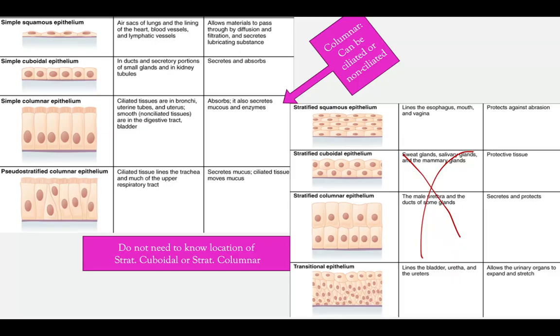When the organ is resting, it appears to have cuboidal cells on the apical surface, and when the organ is stretching and expanding, it will have more squamous shaped cells on the apical surface because it's getting stretched. These are typically found in the bladder, the urethra, or the ureters, basically the urinary system.